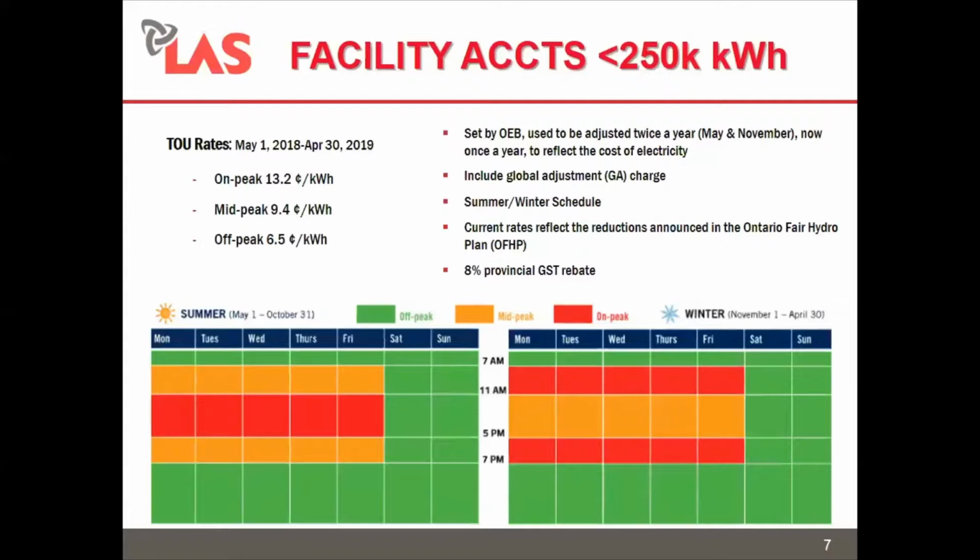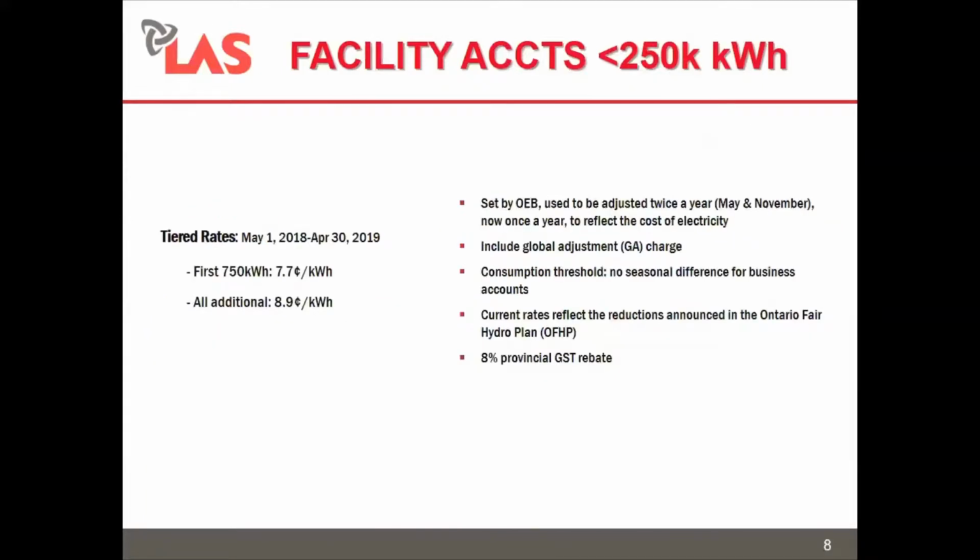And the next one, we are talking about the two-tier rate. The tier rate is for people who use less than 250,000 and don't have a smart meter. This is also for the street light accounts, on which of course you don't have a smart meter. So for this type of account, there are two consumption thresholds.